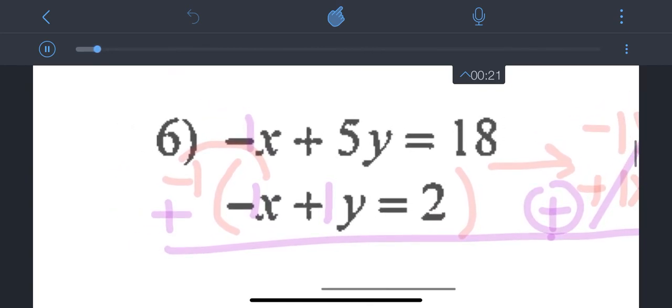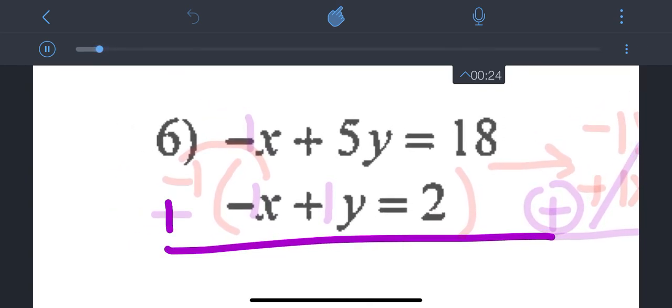Alright, so remember when you're doing elimination, the first thing you should do is see if anything will cancel if you add them. So we know that in front of the x's here, we got -1. Well, if we add -1x plus -1x, that would be -2x, which does not cancel.